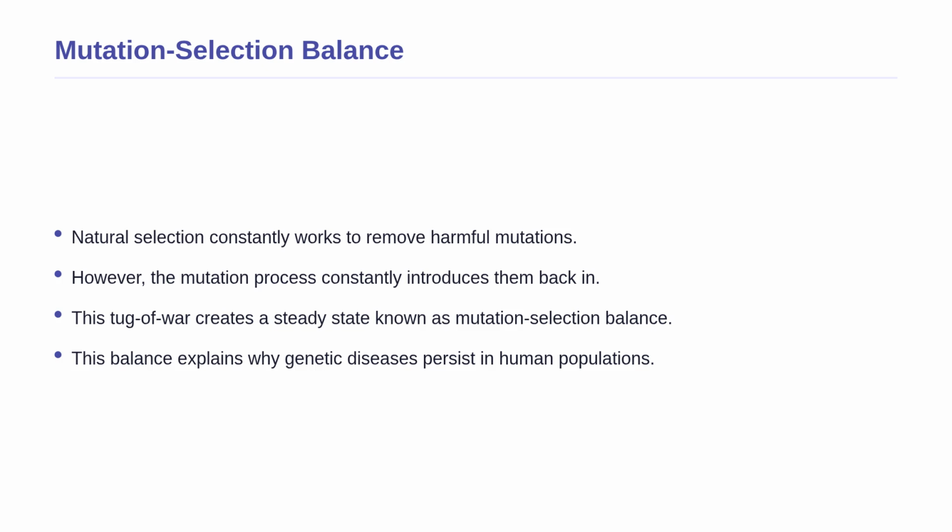Understanding this balance is crucial because it explains why genetic diseases persist in human populations. Conditions like cystic fibrosis are caused by deleterious alleles. Natural selection has not eliminated them because new mutations constantly replenish these disease alleles in the gene pool. It highlights the fundamental limits of natural selection.